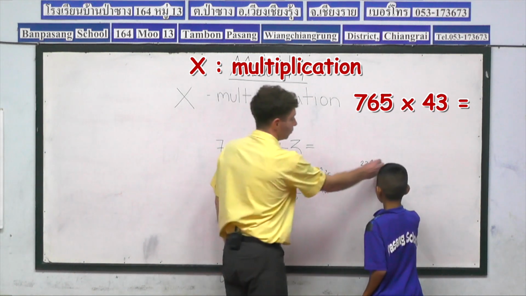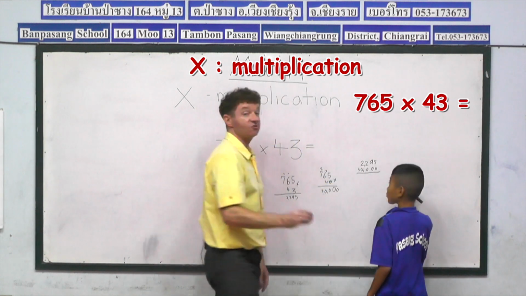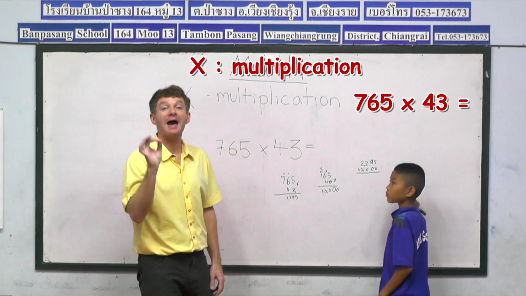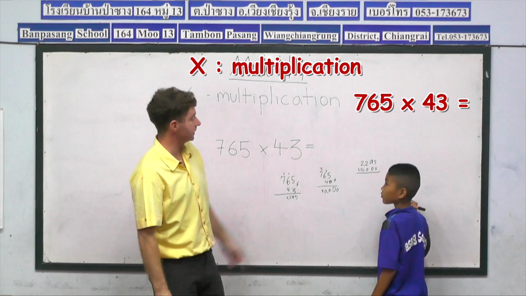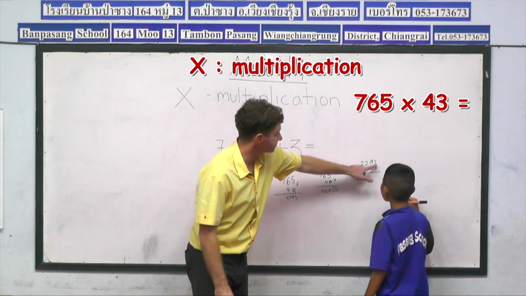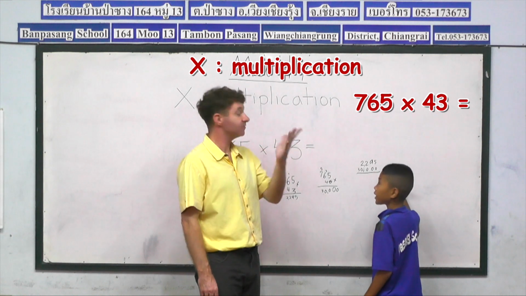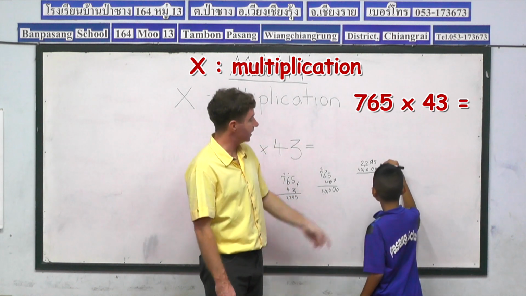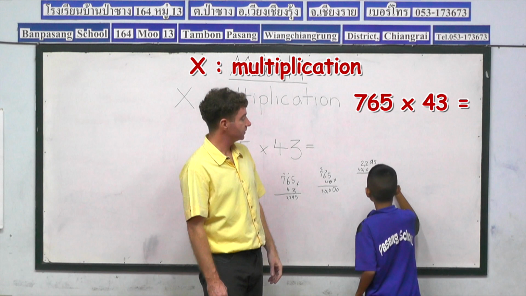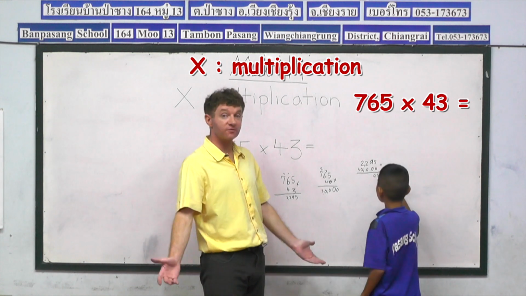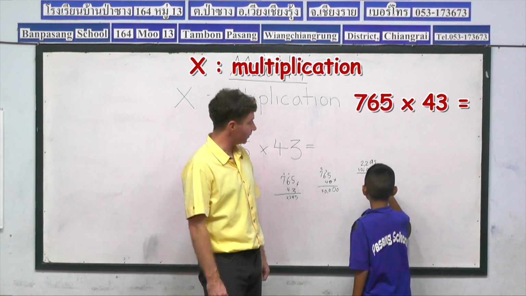And now we won't do multiplication, our final sum, addition. We add these two numbers together. So 5 plus 0 equals 5. 9 plus 0 equals 9. 2 plus 0 equals 2.